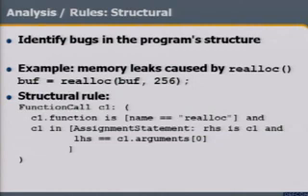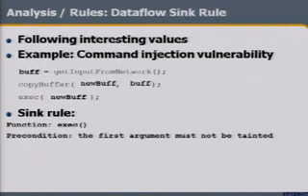It doesn't matter how this is executed, what the flow leading into it is, that's a potential memory leak. The structural rule for that is fairly simple again. You're interested in a function call to realloc, and then you're interested in whether the first parameter passed to realloc is the same thing that the return value from realloc is assigned to.